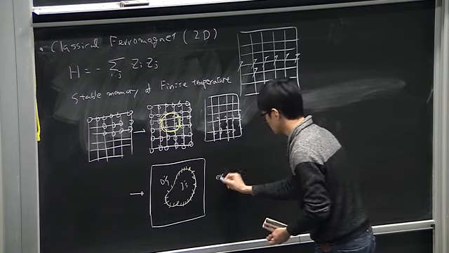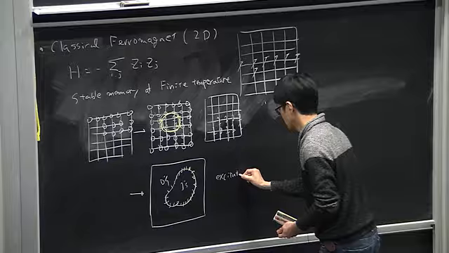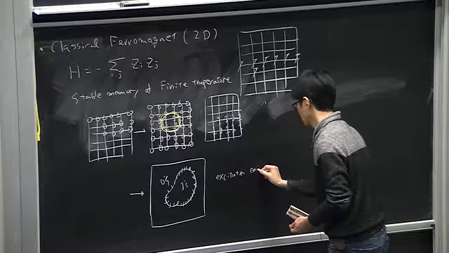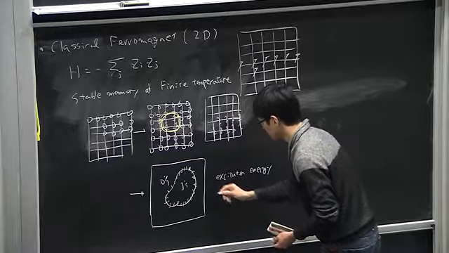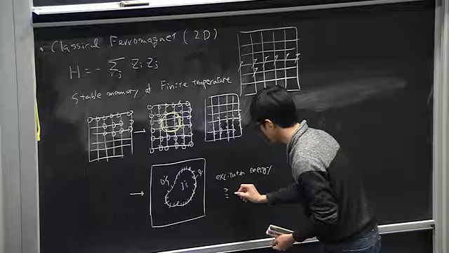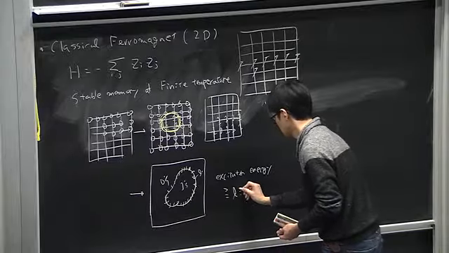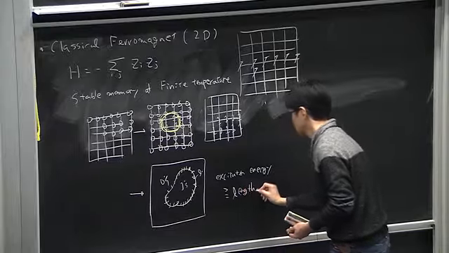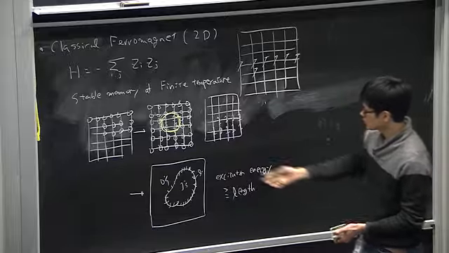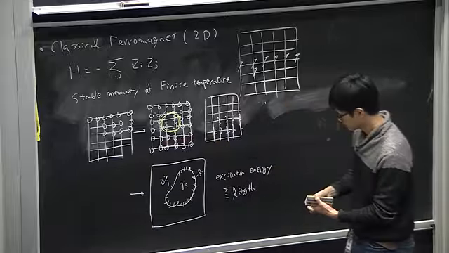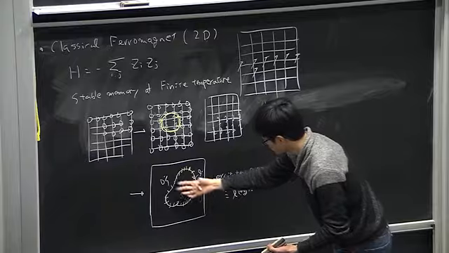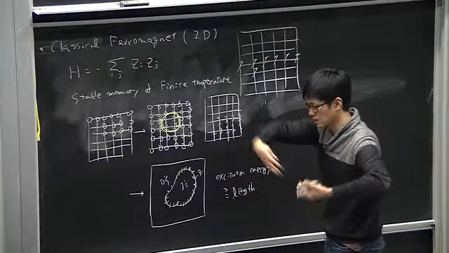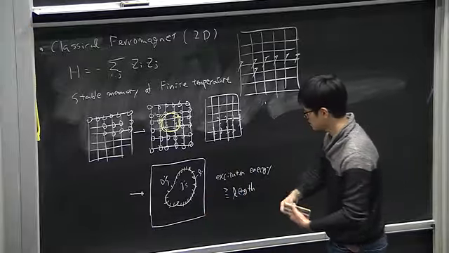So excitation energy is kind of lower bounded by this length L. Now, in order to go from all zero to all one, this island of ones surrounded by zero should become as big as the system size.